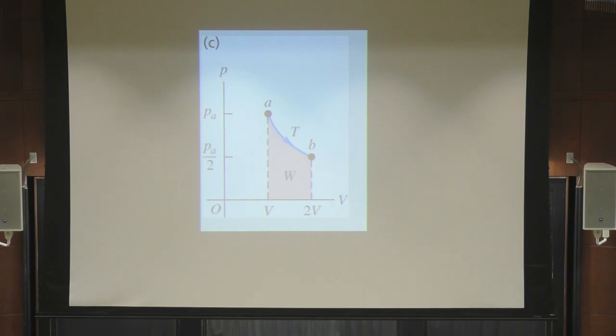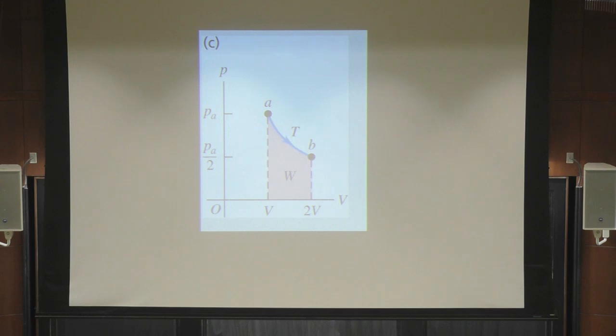It starts at some initial pressure here, and it ends at some pressure here. This pressure is half, P_A over 2, and this is the initial pressure. Then I'm saying, I can integrate along this path, and it's reversible.